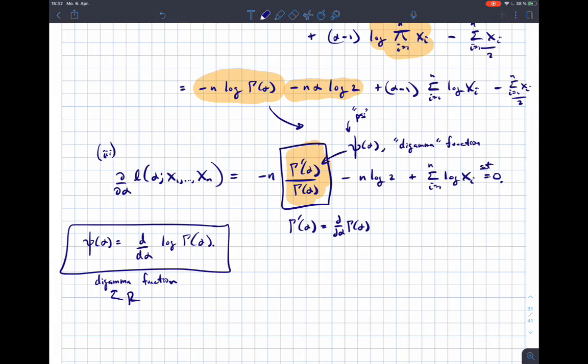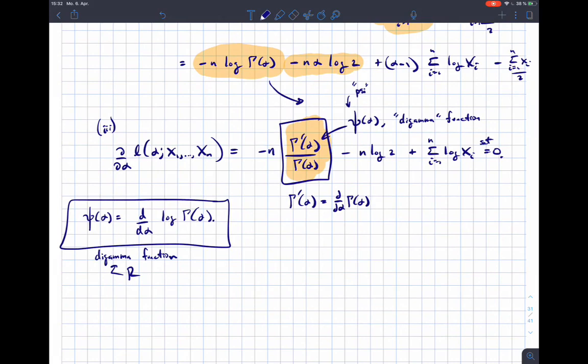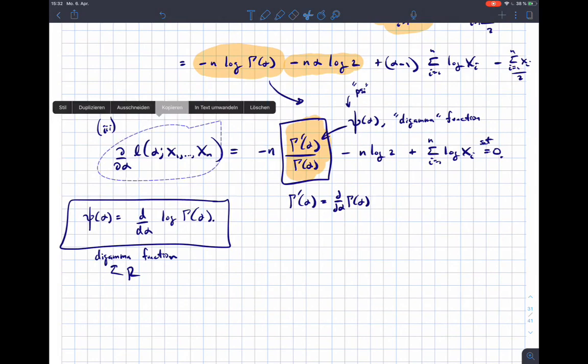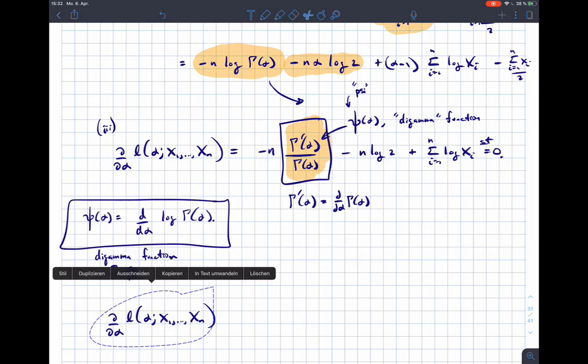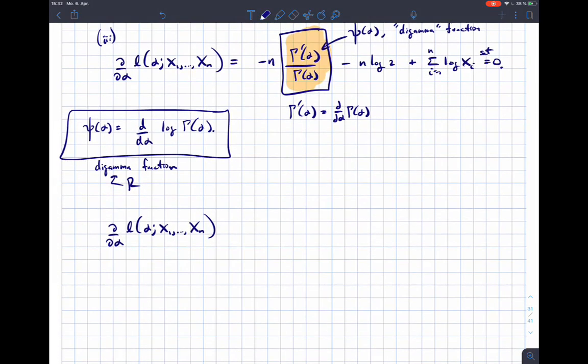Okay, so we can write the first derivative of the log likelihood function as minus n times this digamma function, minus, let's take this part and be a little bit clever. I can write n log 2 as the sum, i going from 1 to n, of log 2.